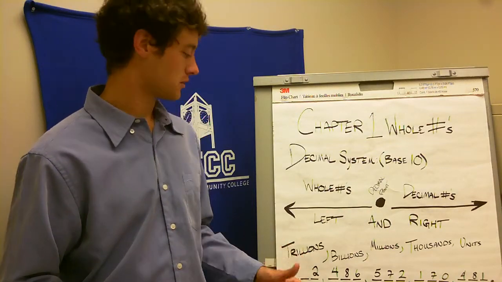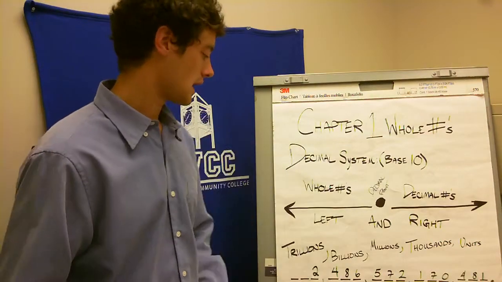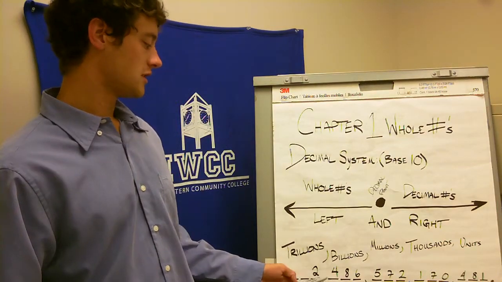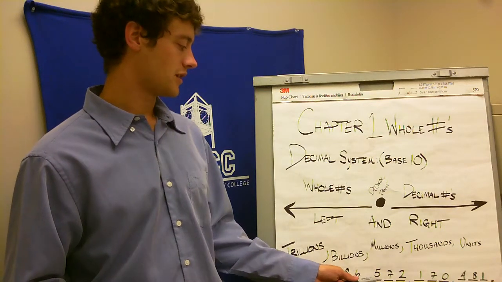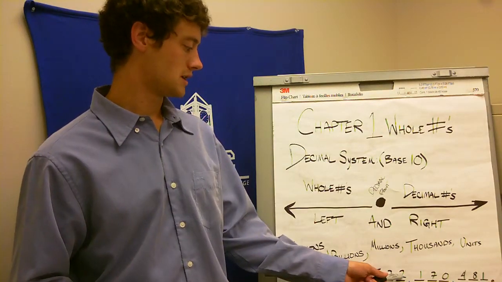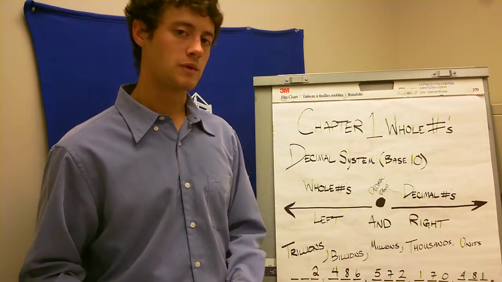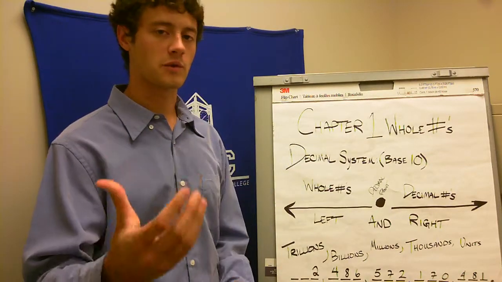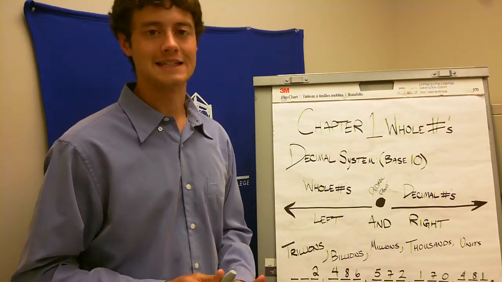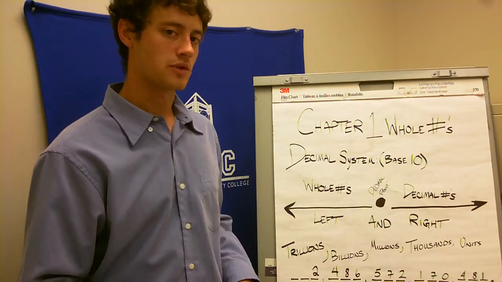So, for example, we have trillions, billions, millions, thousands, units, and this number, 2,486,572,170,481. And is my decimal point, and if I want to make it and 18, that'd be continuing on, and we'll cover that in Chapter 3.